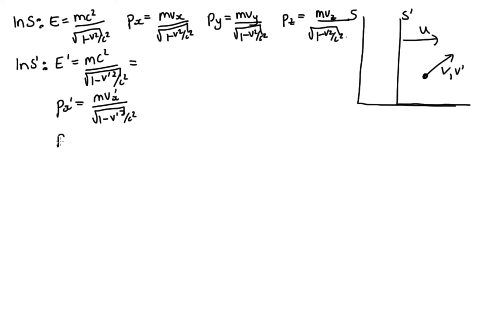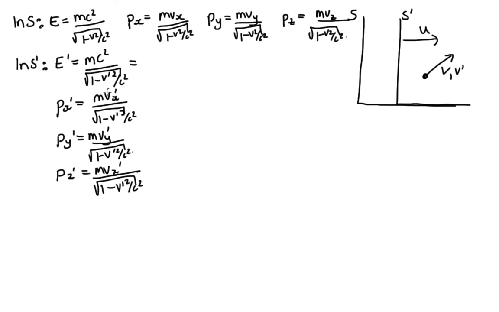We've got py prime is equal to m vy prime over the square root of 1 minus v prime squared on c squared, and pz prime is equal to m vz prime over the square root of 1 minus v prime squared on c squared.